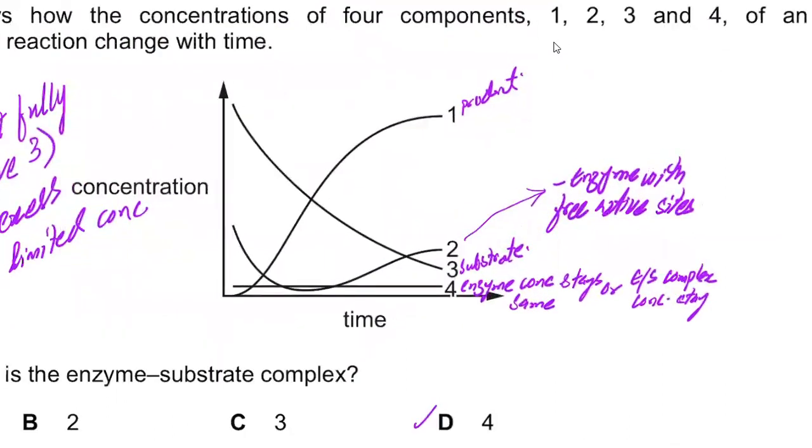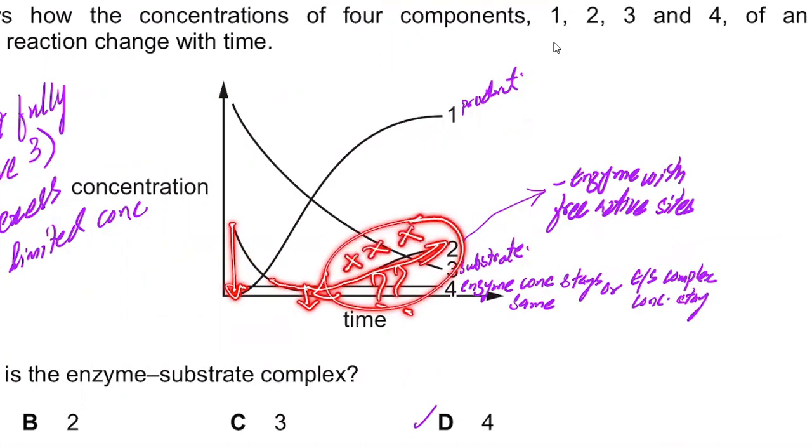So you may think that 2 might be enzyme substrate complex because its concentration was high initially, and as the time proceeded, its concentration decreased. But how can you explain its concentration starting to increase once again? You cannot explain this part of the graph using enzyme substrate complex concentration.